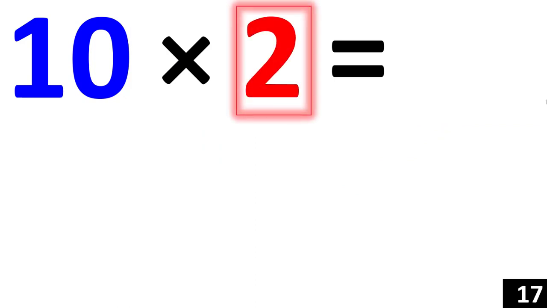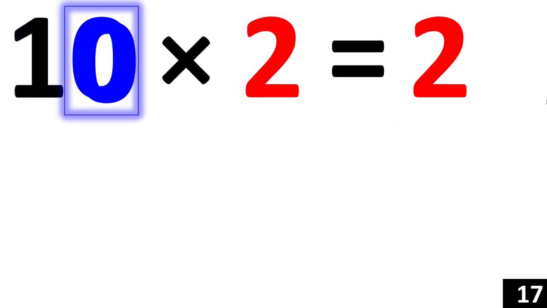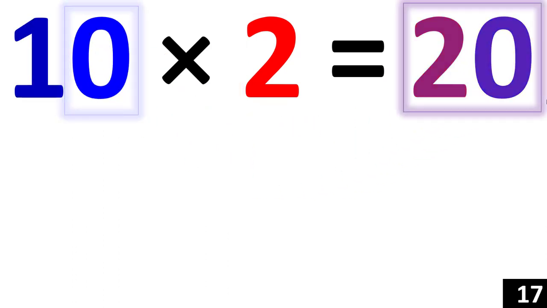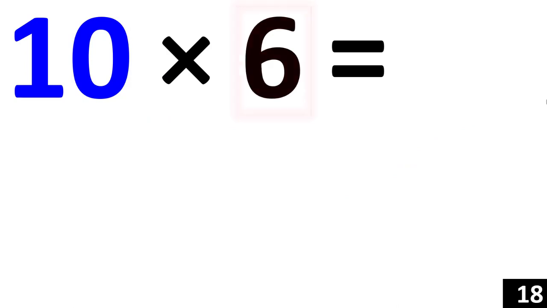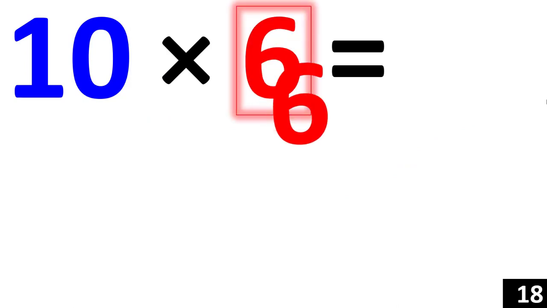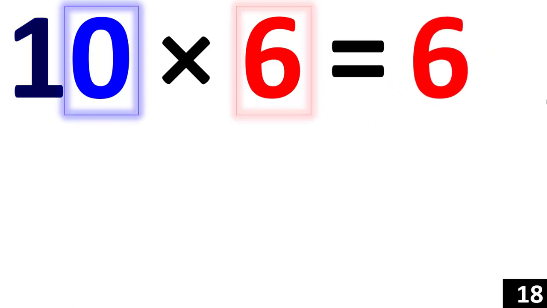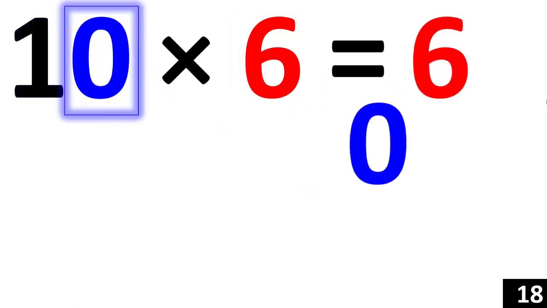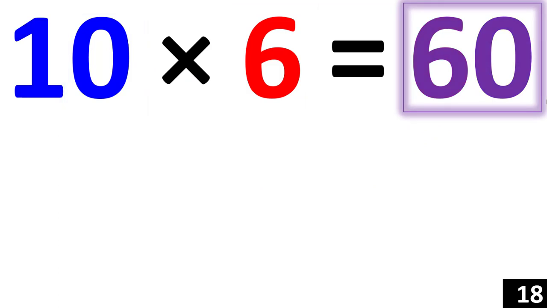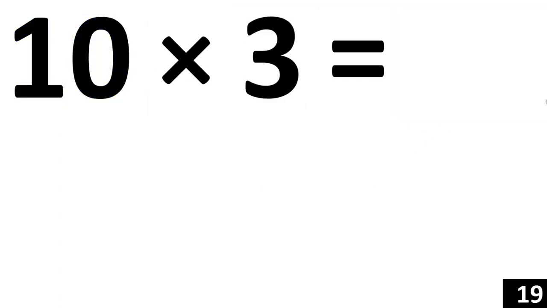10 times 2 is a 2 with an added 0. A 2 with an added 0 is 20. 10 times 6 is a 6 with an added 0. 60. 10 times 3.